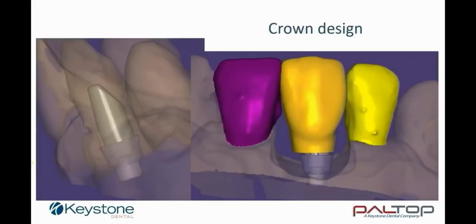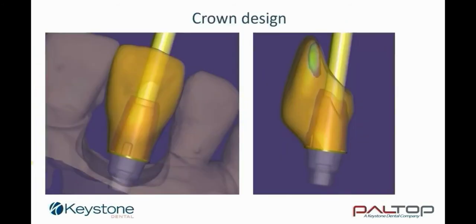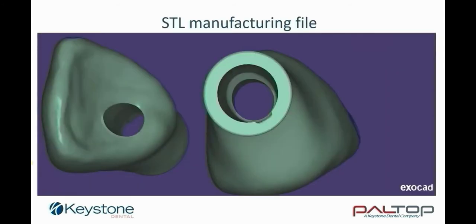Now the crown design can be completed. The palatal aspect of the crown design can follow the correct anatomy due to the improved geometry of the tie base on the palatal aspect. Once the crown design is complete, the STL manufacturing file may be generated.